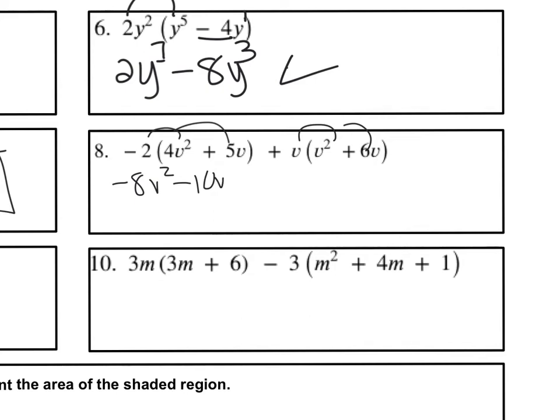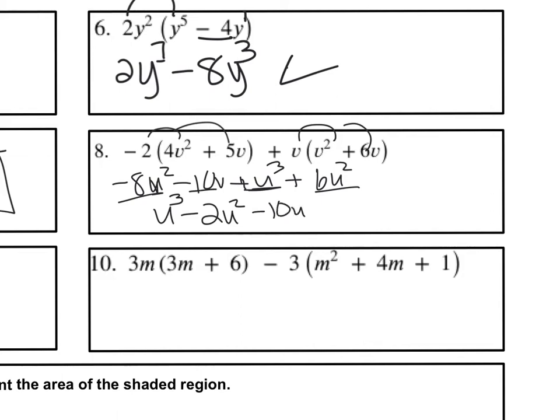And then u times u squared is u cubed, and then u times 6u is 6u squared. We're going to combine our like terms. Negative 8 plus 6 is negative 2. And then we have u cubed. That's a higher degree, so I won't put it in front. And then minus 10u.